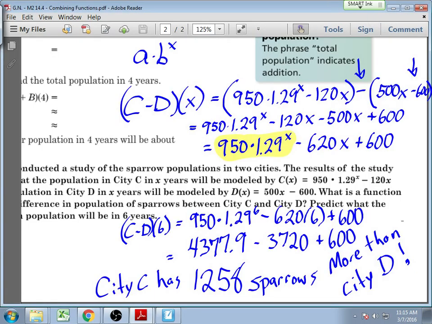So they'll use data and information like this. Imagine if this had to do with bees. Why would we care in a situation like this where it had to do with bees? I don't really care about sparrows too much, but we care a lot about bees. What if I knew one city was going to have a lot more bees than the other city?